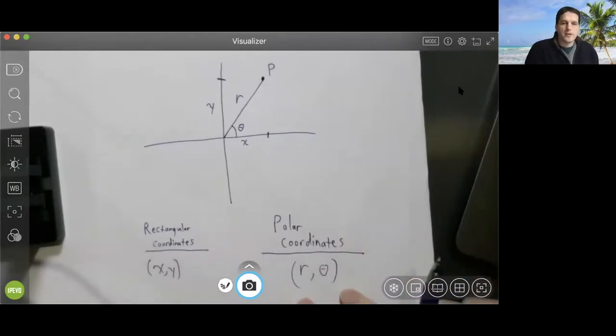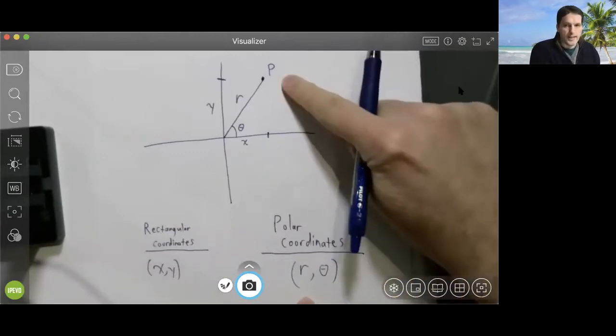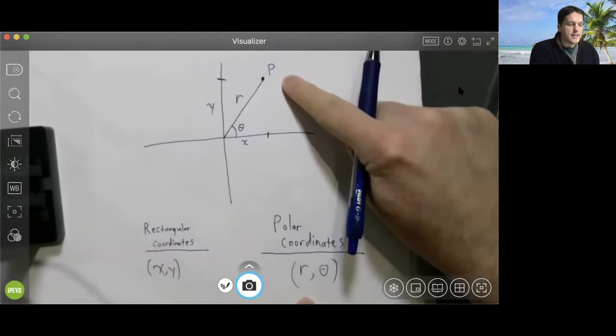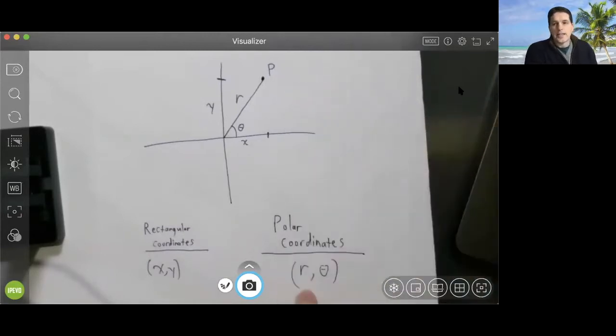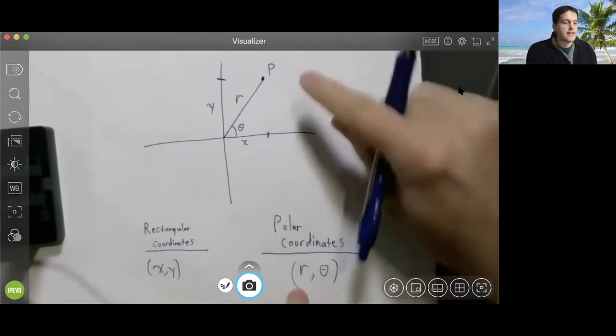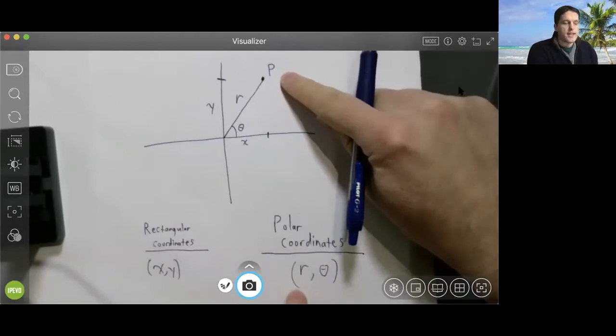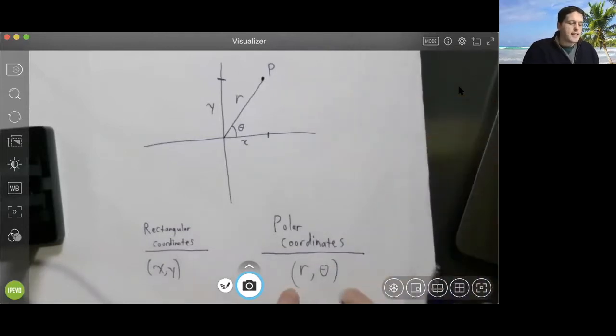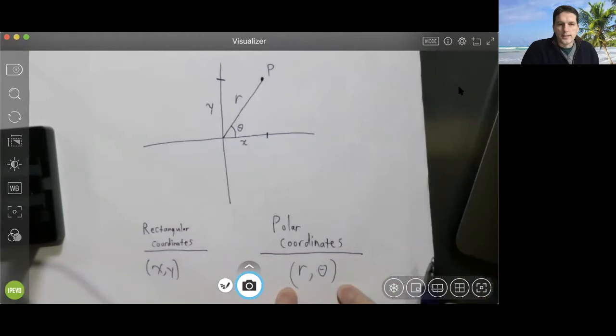This pair of numbers is called the polar coordinates of P, and that's another equally valid way to specify the location of P. And sometimes this polar coordinate system turns out to be easier for describing certain shapes.